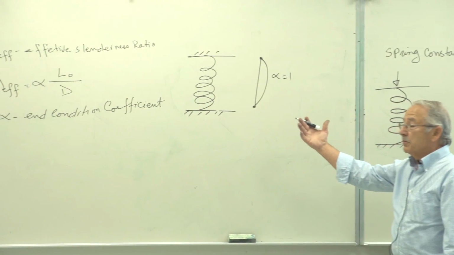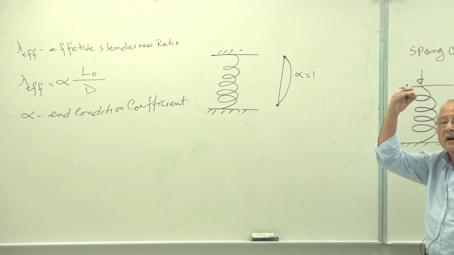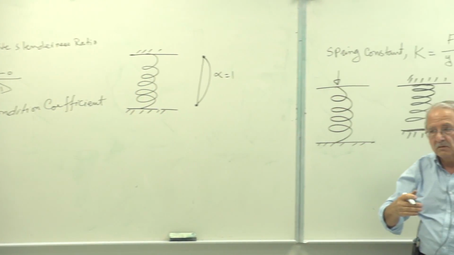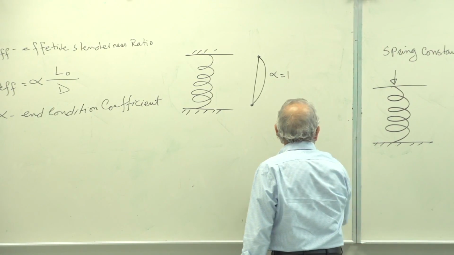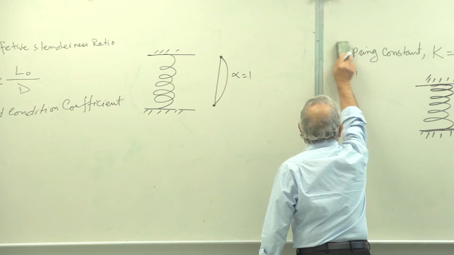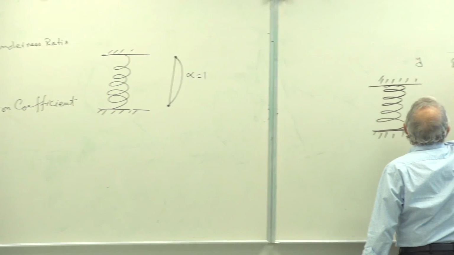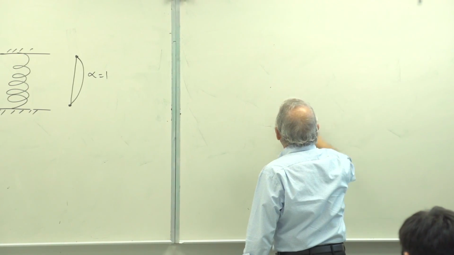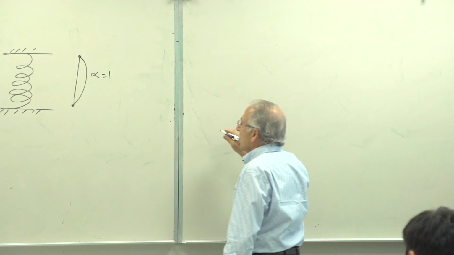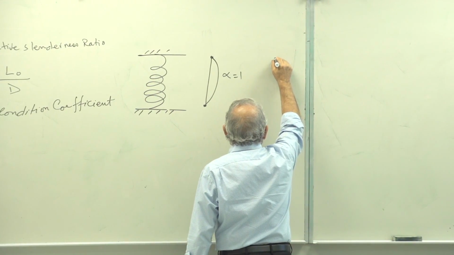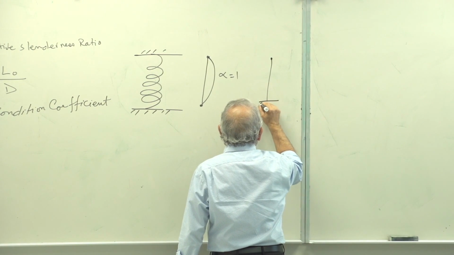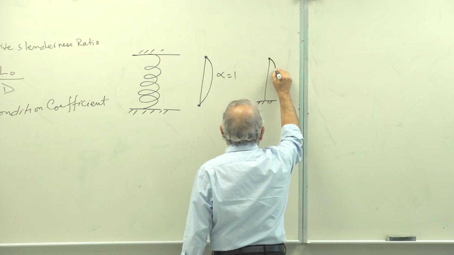For any other type of condition, you have to find an effective length to calculate lambda effective. So these are your other possibilities. Pin fixed, just like the column.